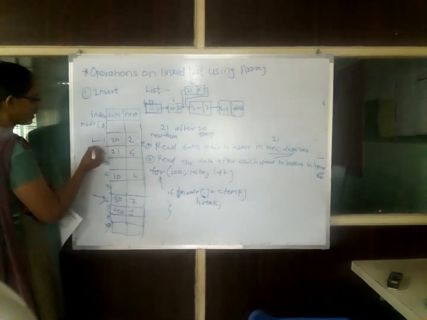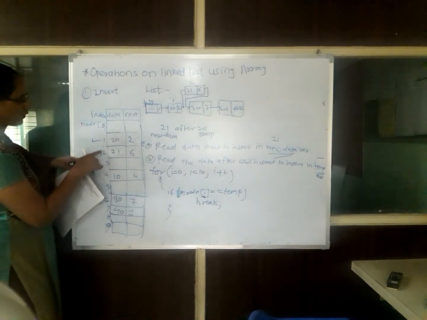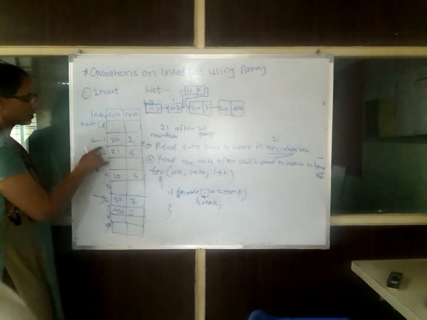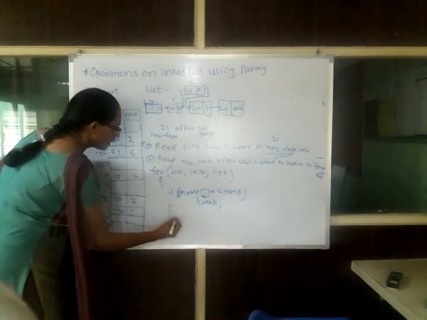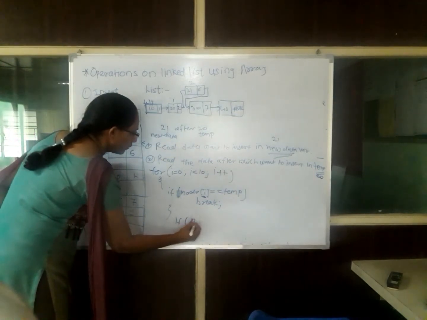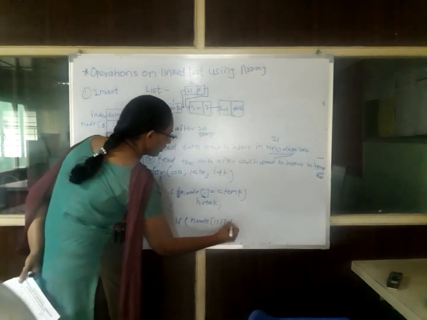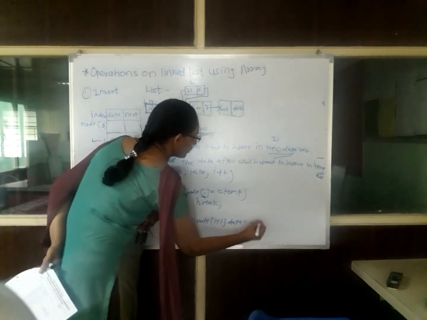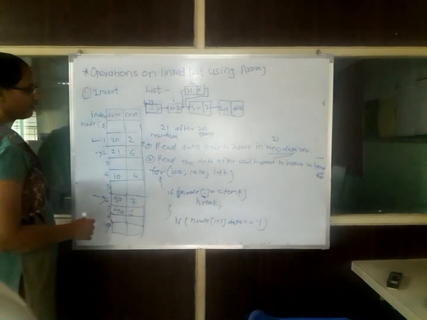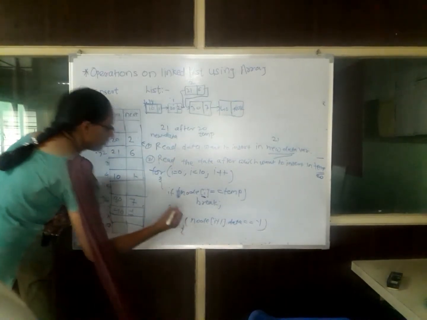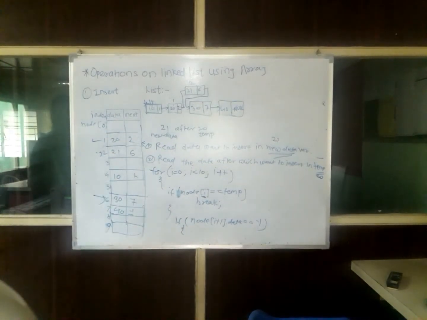Then you have to check whether its next location is free or not. So I will check if node i plus 1 dot data is equal to -1. If it is, then what do you have to do?